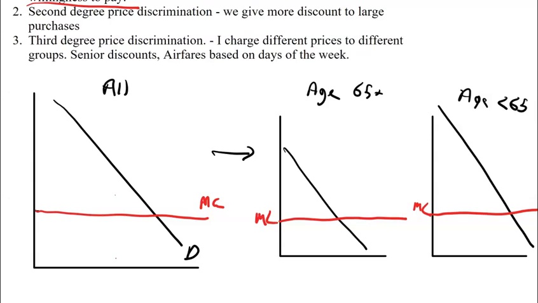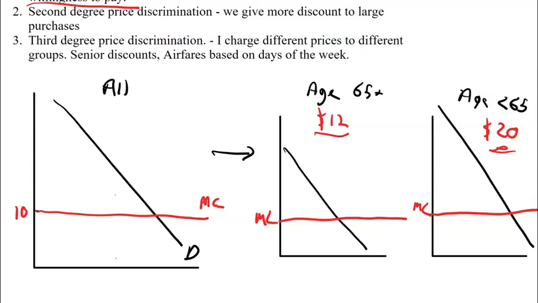So let's say my marginal cost is 10. Instead of charging one price for everybody, I charge two different prices. For the age 65 and above group, I may charge $12 for the movie ticket. For the other group, I may charge $20. So if this is a smaller group and this is a larger group, people age 65 and above may have a lower willingness to pay.